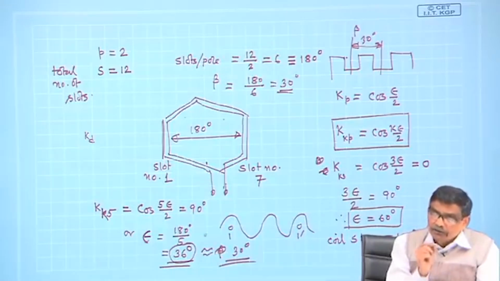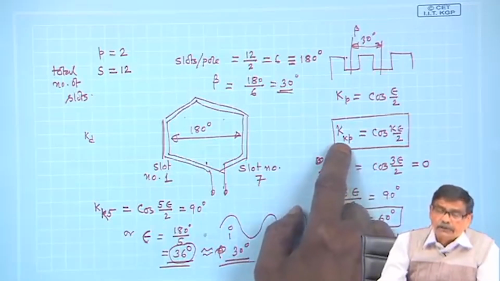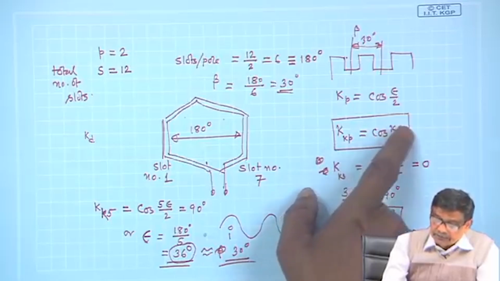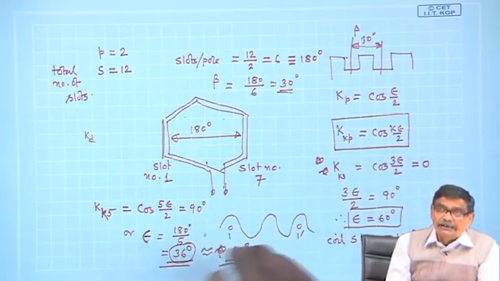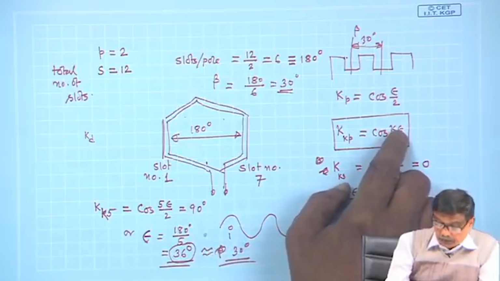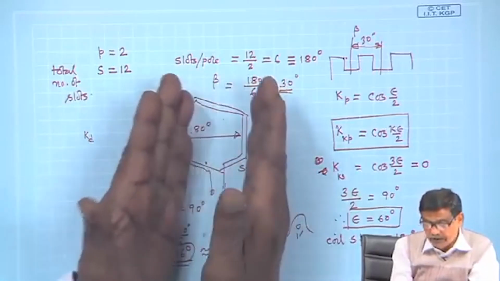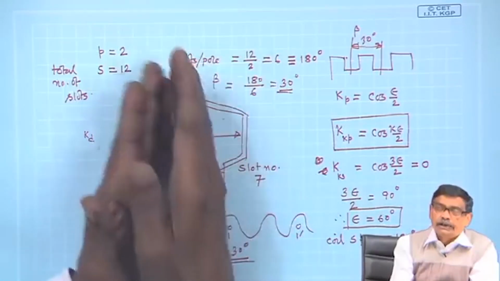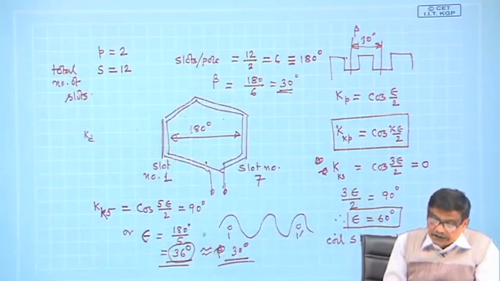Whatever it is, I know that beta. Therefore, the pitch factor I have found for any kth harmonic is cosine k epsilon by 2. It tells me that perhaps by choosing an appropriate epsilon... What is epsilon? Epsilon is the angle by which the coil is short chorded, by how many slots I reduce, so that it becomes short pitched by epsilon degree.